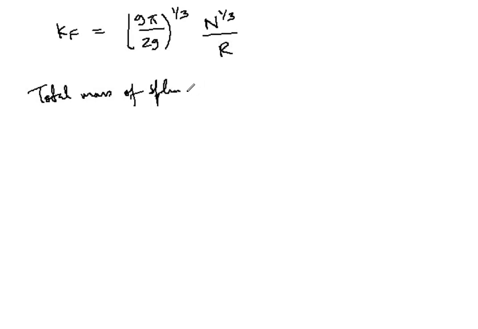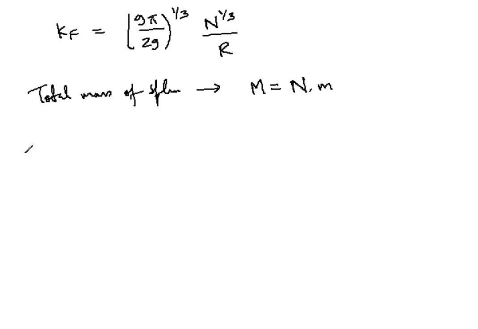Now, let us assume that the total mass of the sphere is just given by the sum of the masses of the fermions. So the total mass m is equal to N into the mass of the non-interacting free fermions, small m. Since we are going to consider the maximum mass, in that scenario the energy will be extremely high for the fermions.